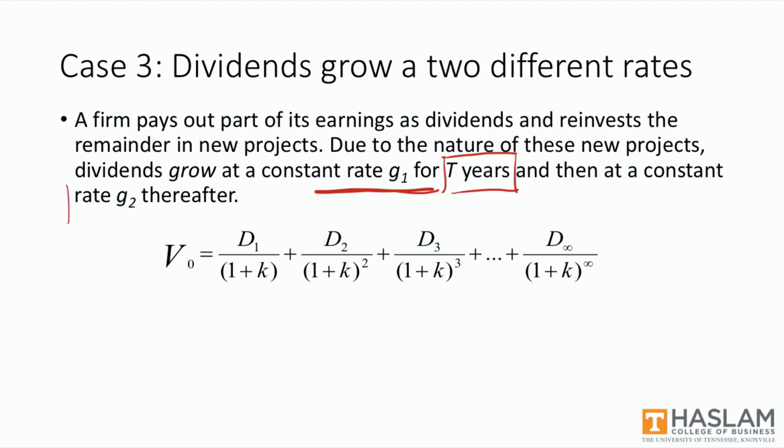And then we'll have a long-run stable growth rate, we'll call that G2, and that's going to apply thereafter. The way to think about this case is at some point down the road, specifically T years down the road, this firm will become a constant growth firm. And so we can account for that by estimating what we think that terminal price, or PT, will be. And then the other thing we need to account for is this intermediate period where dividends are growing at a higher rate. Those are the dividends growing at the rate G1.